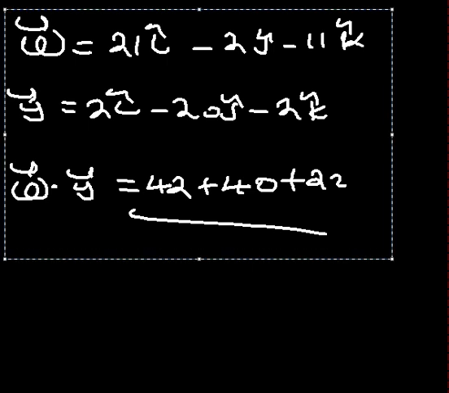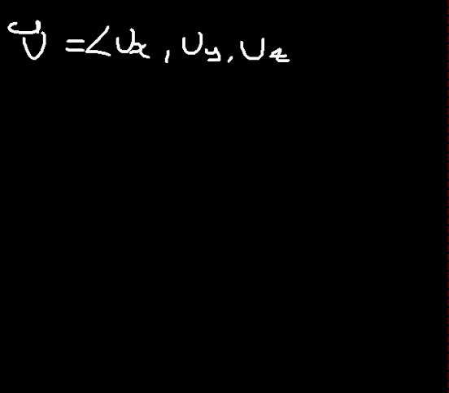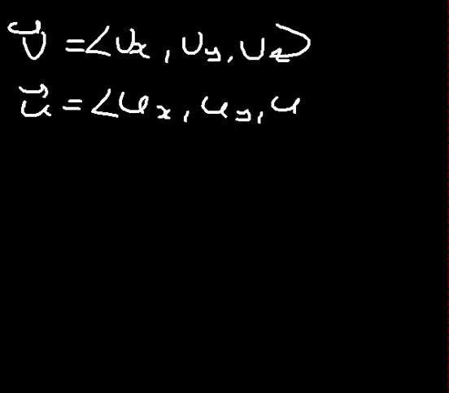Now generally, let's say we have a vector v with components vx, vy, and vz. Now we have the vector u given as ux, uy, and uz.